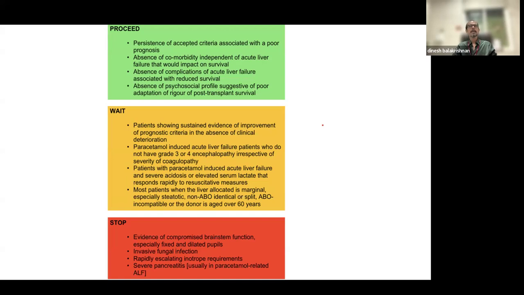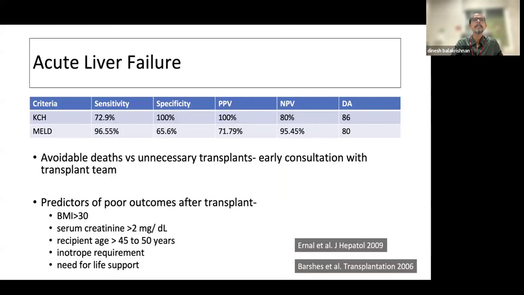In our own series, when we have looked at patients who had elevated creatinine and need for dialysis pre-transplant, the outcome has been bad. In addition to this, hepatitis A virus patients can have severe pancreatitis. And severe pancreatitis, though not a contraindication, again, has poor prognosis after emergency transplant in acute liver failure.